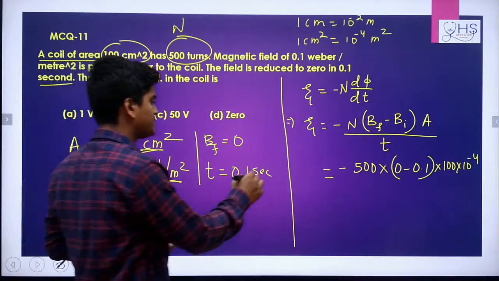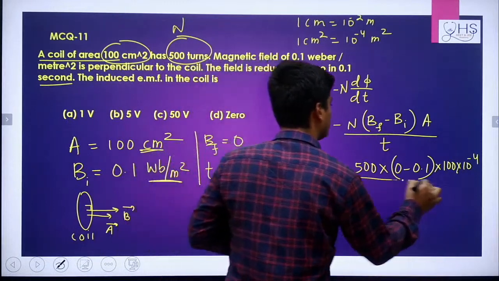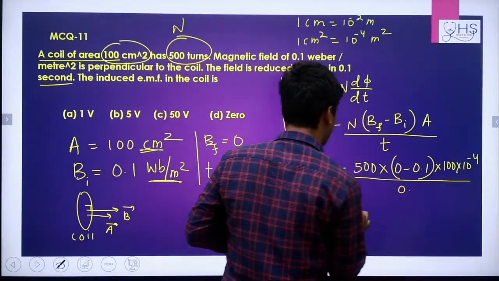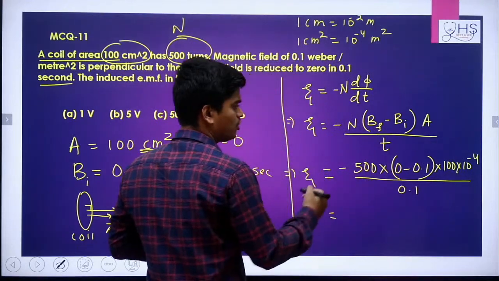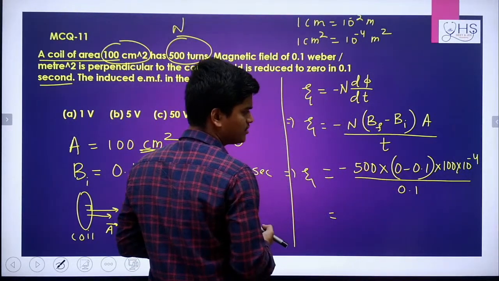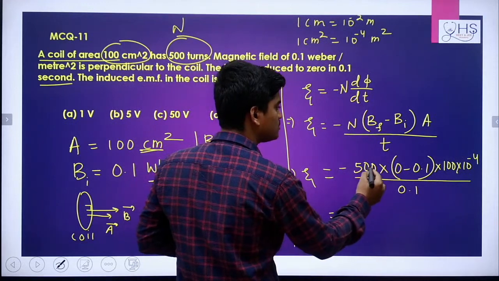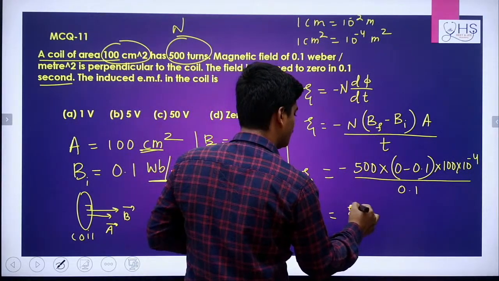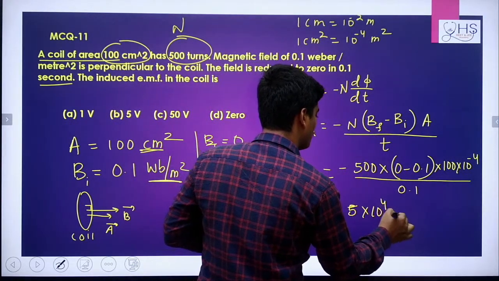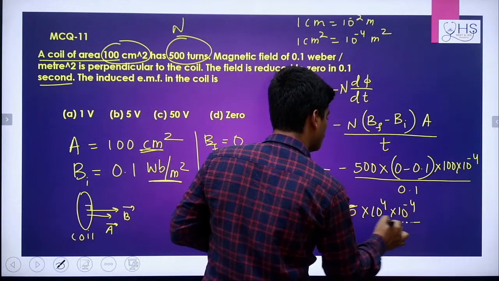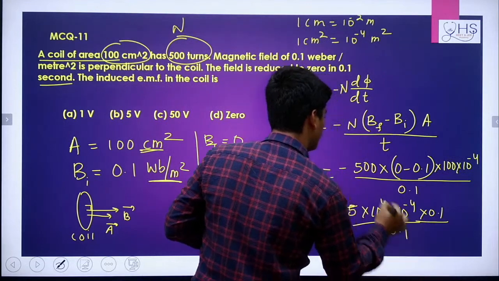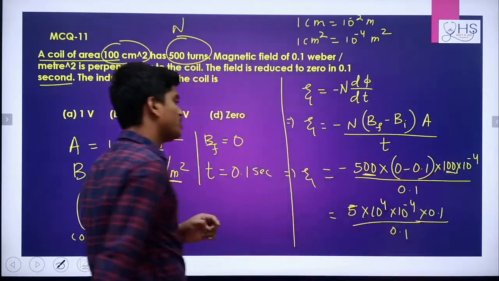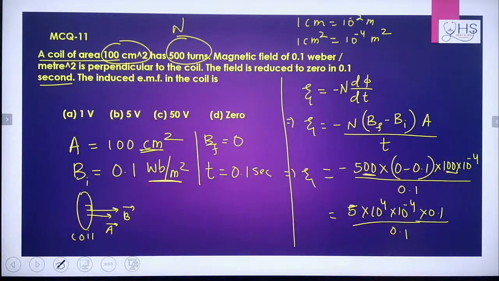Okay, now next, see. Here EMF is divided by time. Time is given, 0.1. Now this is 0 minus 0.1, so it is minus 0.1. So minus minus will become plus. Now here it is 5 into 10 to the power 2 into 10 to the power minus 4, and into 0.1 divided by 0.1, because this 100 will become 10 to the power plus 2.